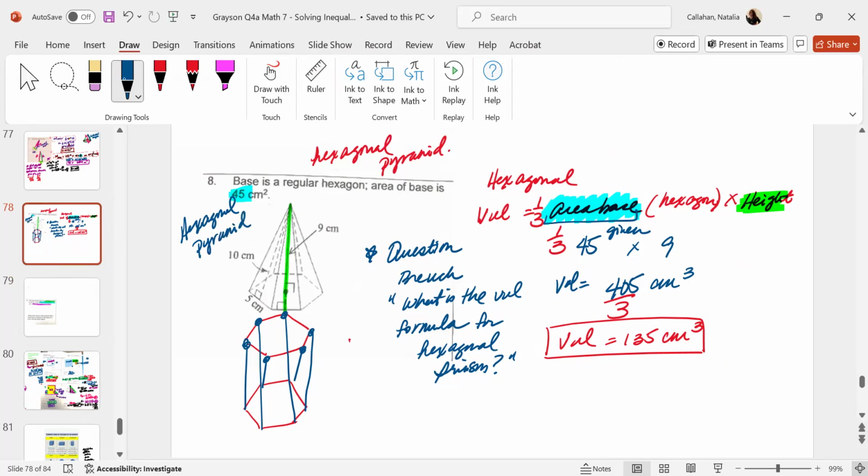Pyramid means that on top it gets smaller to a point, right? So it's going to be 1/3. Do you understand? This is a hexagonal prism. Okay, this is just going to be the area of the base times height. Does that make sense? You see how this one gets smaller on top, but on the bottom it doesn't get smaller, it's the same size. Okay. So you need to know the difference there.